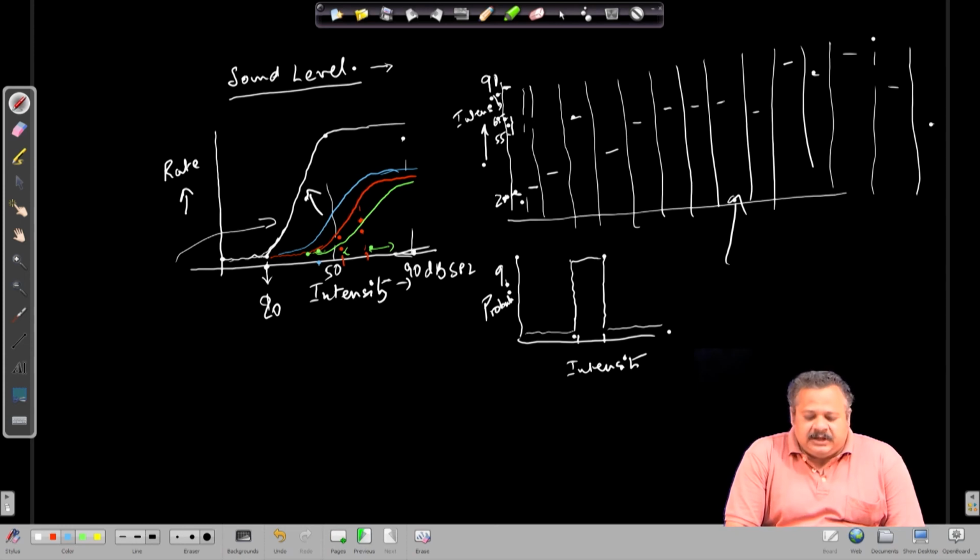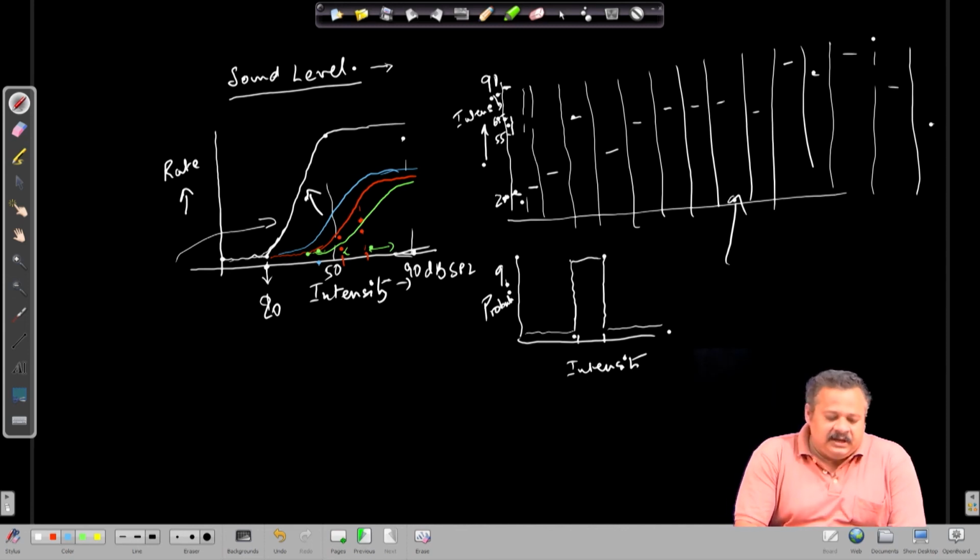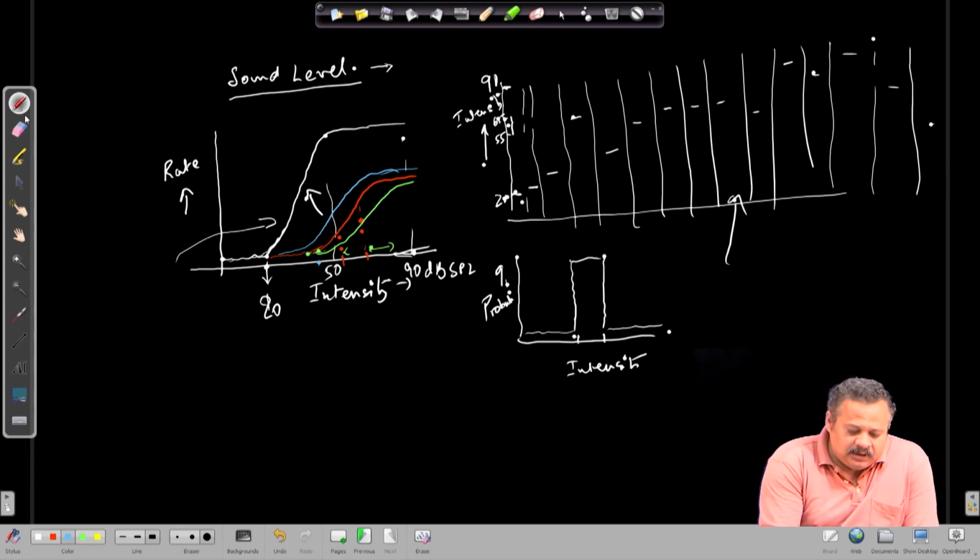So, a similar phenomenon in the visual system can also be seen, and that is what we call adaptation to contrast, stimulus contrast.